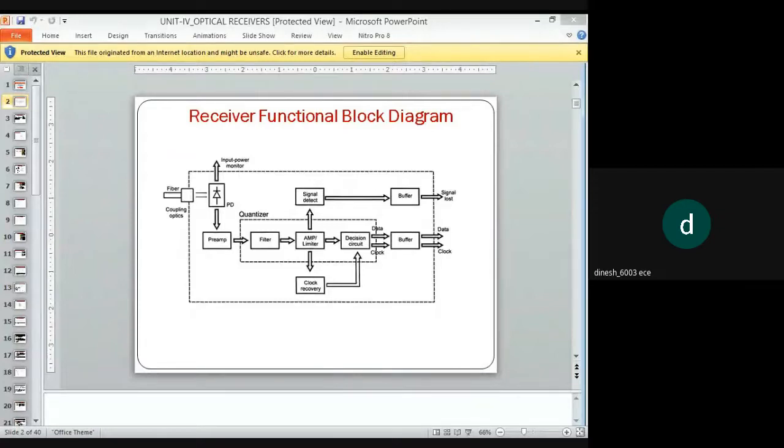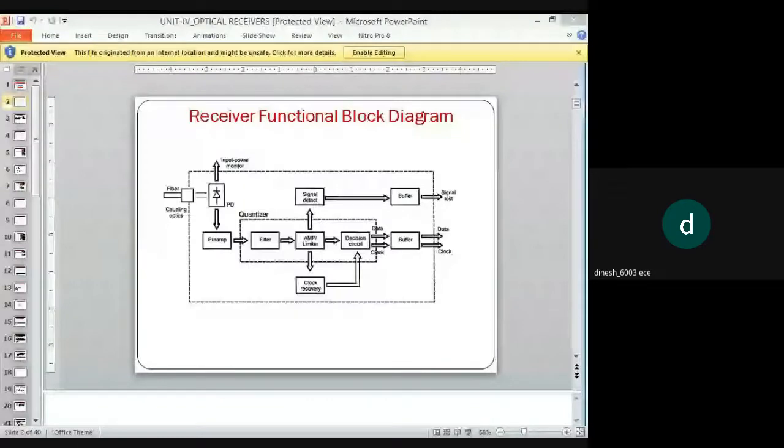Whereas the high impedance will have high sensitivity, but a low equalizer should be placed. The transimpedance receiver has high sensitivity and has low dynamic range.